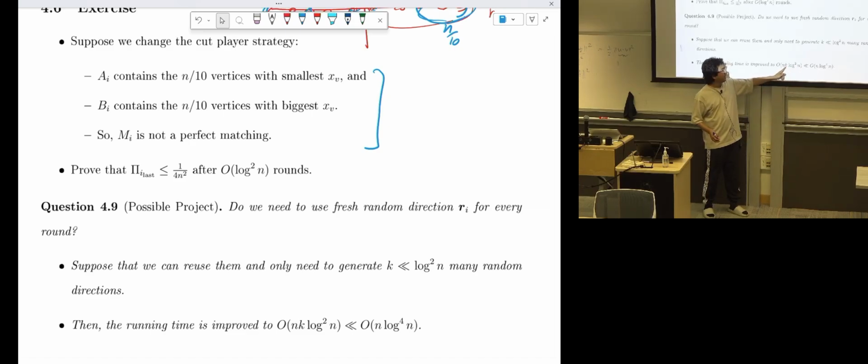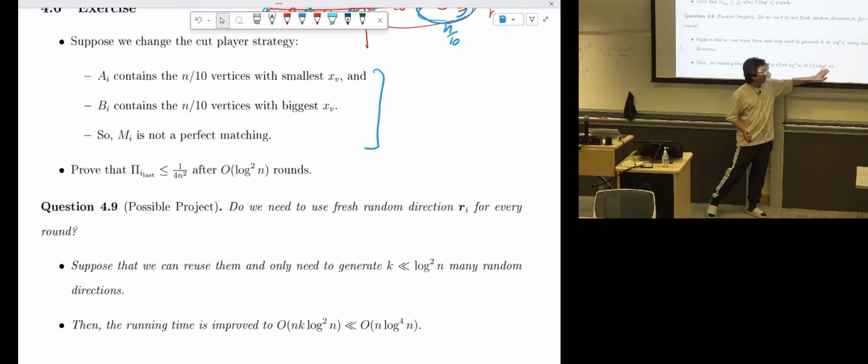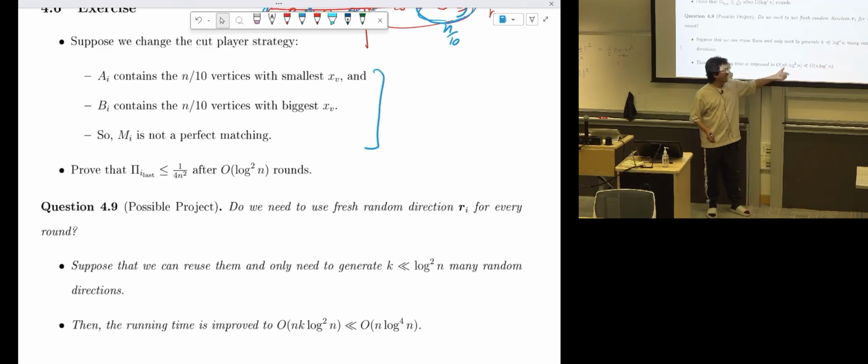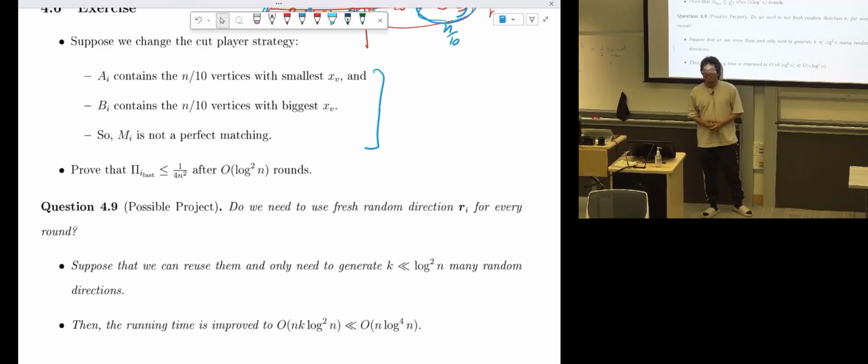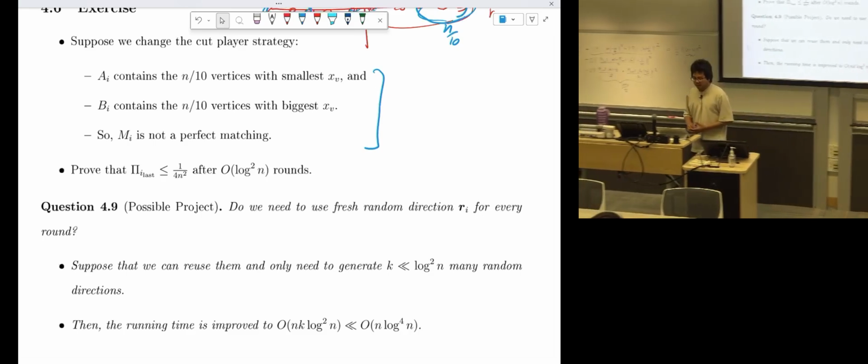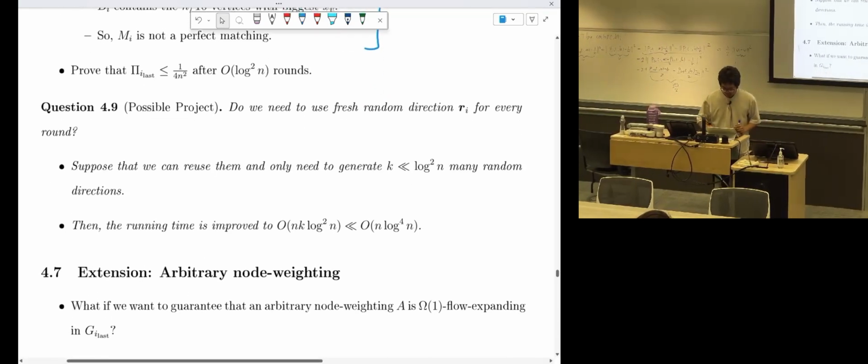We used to set k to be just the number of rounds, so that's n log to the fourth. But if you can reduce k, then it will immediately speed up this cut matching game. And this is the fastest running time known for the cut matching game. So if you can improve it, it's good. Okay. All right.